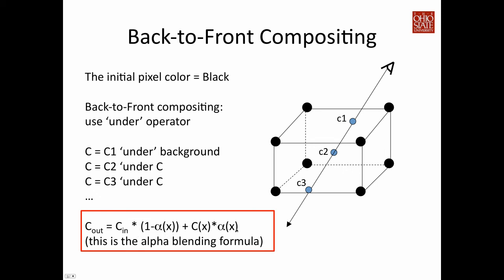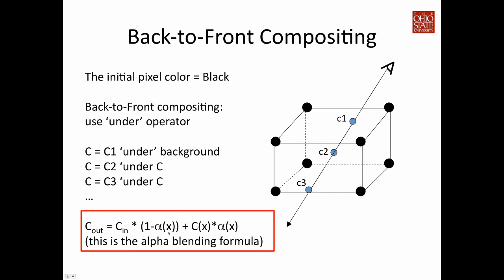So what does this formula say? Basically, when I encounter a new point, I convert to alpha, that's the opacity, and convert to color for this new point. Then I assume before I see this point, I have a color accumulated so far, called C in. And this input color is going to be affected by the new contribution.